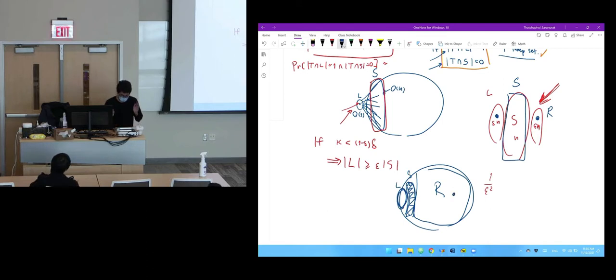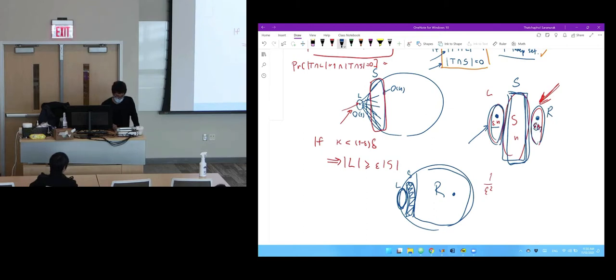But in the extreme case, when S and L are so big, then R can be not so big. That extreme case is when S is almost as big as L. When S is this big, we know that L is at least epsilon n, but we assume that R is as big as L, so R will be epsilon n too.